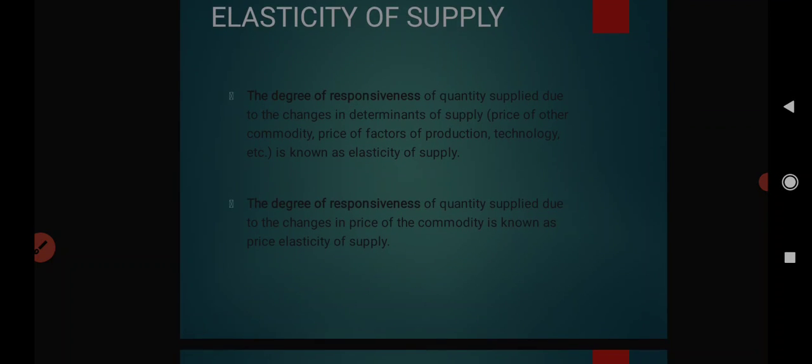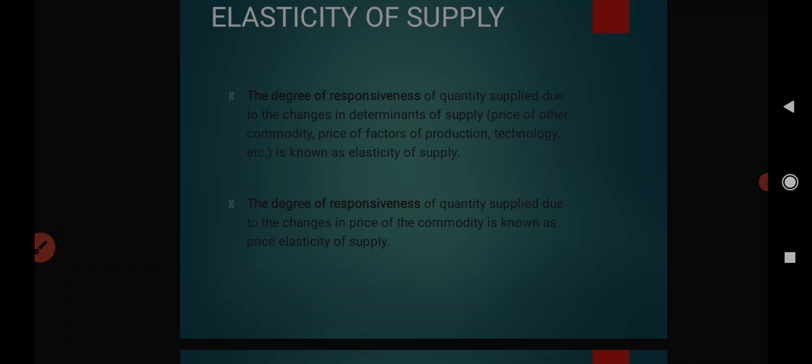Now, elasticity of supply. See, when we were studying the diagram or the law of supply, it was only showing the direction of change in supply. But elasticity of supply shows the responsiveness of supply to change in price.